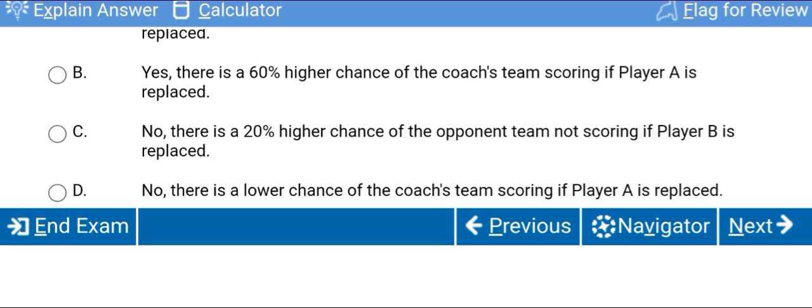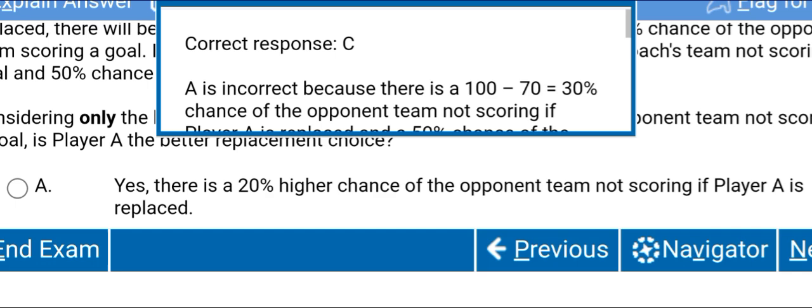Then we have option D, no, there is a lower chance of the coach team scoring if player A is replaced. So option C is the correct response.